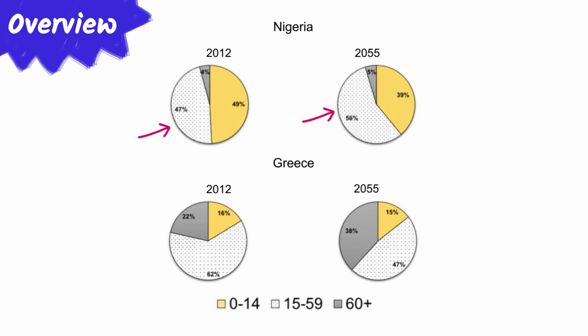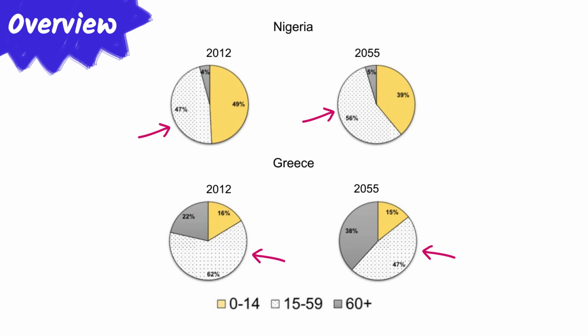However, for Greece, it's going to decrease. This is another specific feature. So it's pretty up to you which features you choose for writing your overview paragraph. So most of the times I only write about the most specific features.